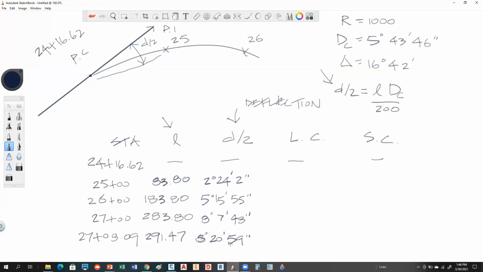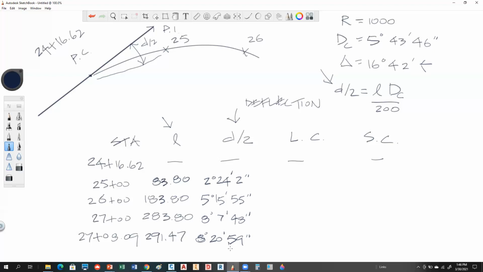Does that make sense with anything? Look at your delta. Oh, that's half a delta. It's half a delta. It has to be half a delta, okay? If this number doesn't come back to half a delta, then you got a problem. So you always got to check, okay?